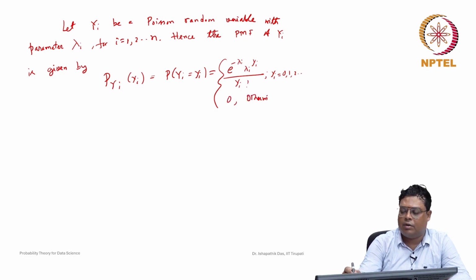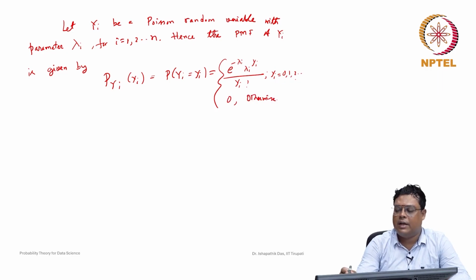Basically it is not any real number, it takes only integer values. The range of these random variables is 0, 1, 2, like this.